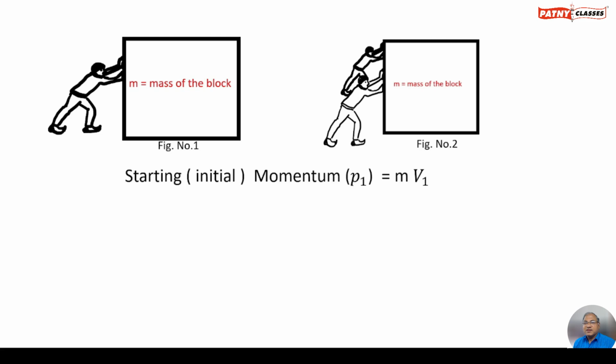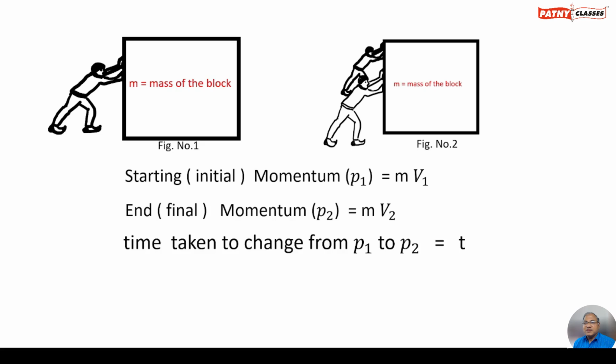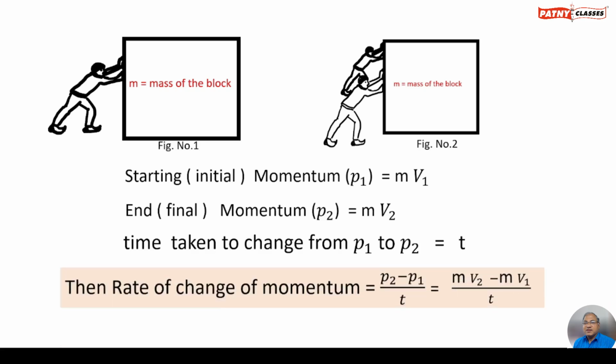So, initial momentum, that is the starting momentum, P1 equals m v1, and the end momentum, that is the final momentum, P2 equals m v2. The time taken to change from P1 to P2 is t. Then the rate of change of momentum is P2 minus P1 upon t, which equals m v2 minus m v1 upon t.